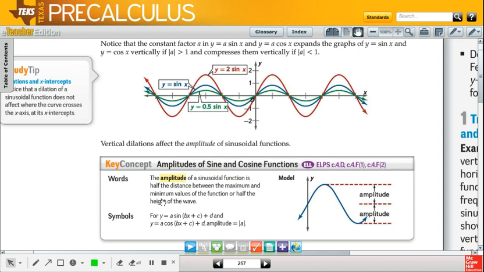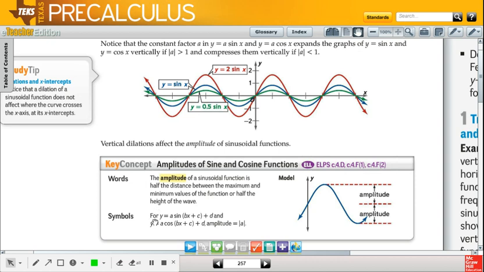So what you do is simply find the distance between the maximum and the minimum, and then use half of it for the amplitude, or basically half of the height from the top and bottom of the sinusoidal graph, meaning the top and bottom of the sine or the cosine function.